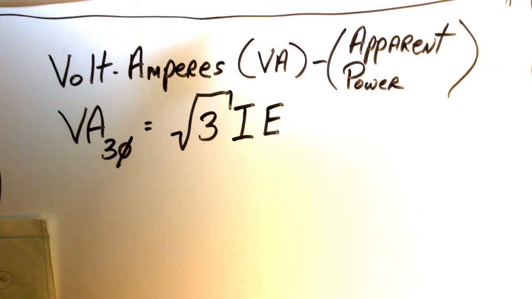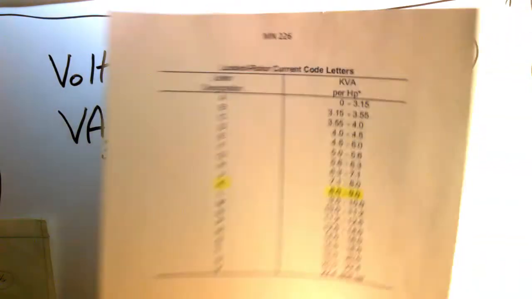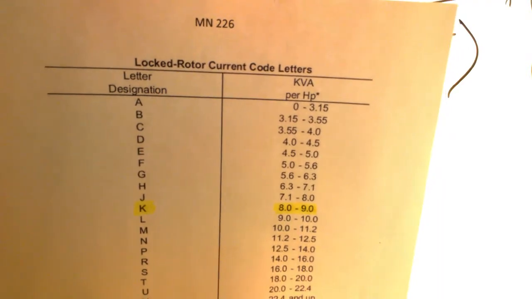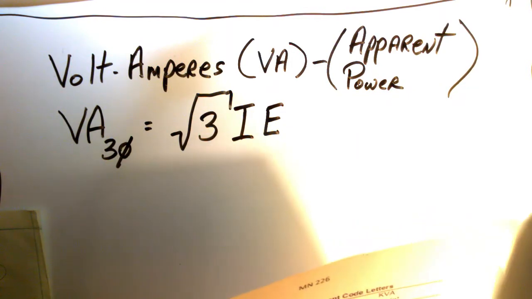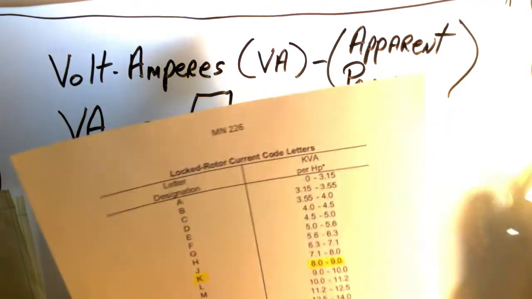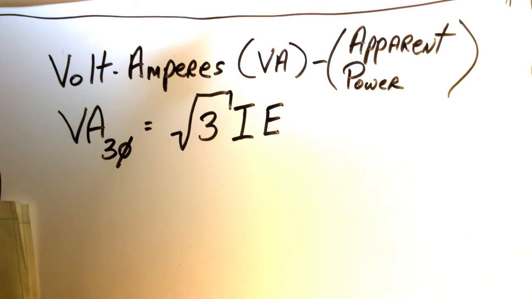Okay, so our charts that we've been talking about for locked rotor, you see we've been talking about VA and kVA, and it does not matter for locked rotor. This chart doesn't care whether you're talking about a 3-phase system or a single-phase system. But you and I know that we are working with a 3-phase motor right now. So let's take a look at our nameplate again.